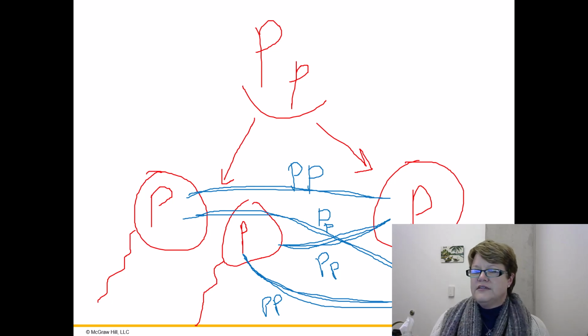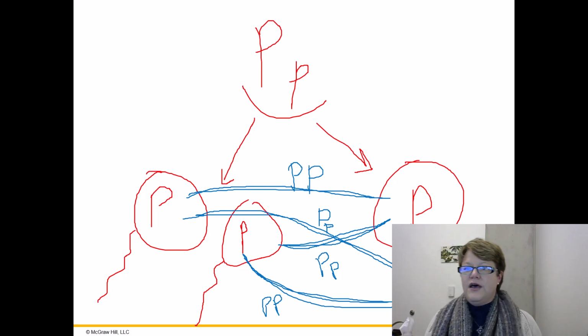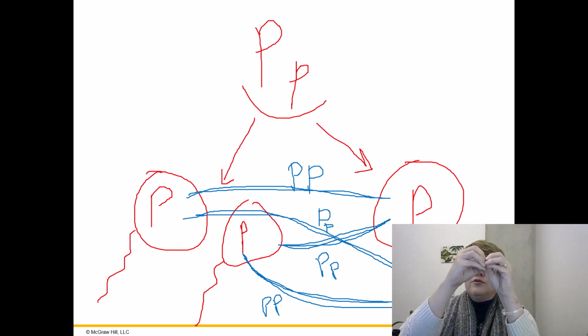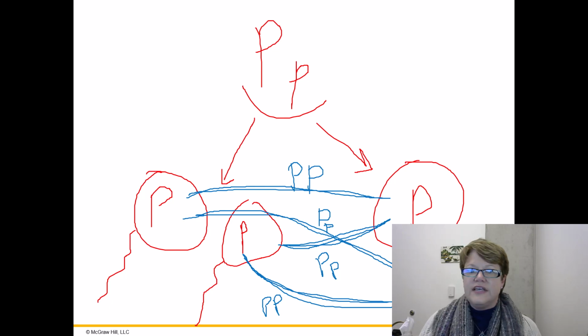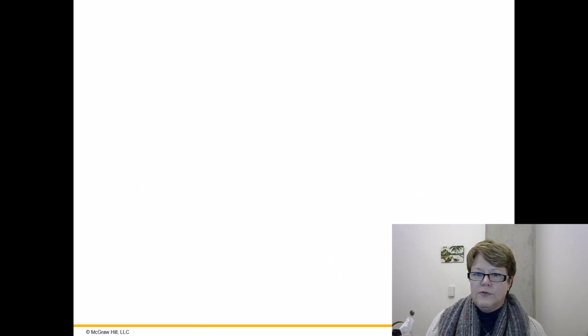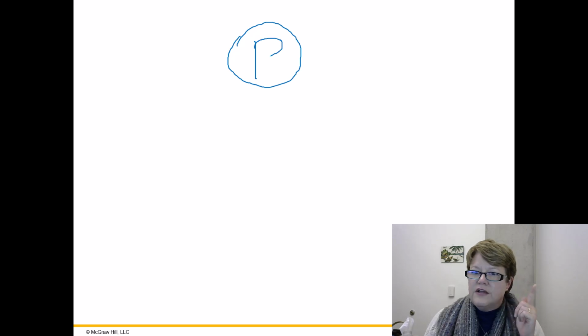Just to kind of organize it, you put all the egg possibilities down the side, all the sperm possibilities up top. And then when you bring them together in one square of the grid, you're recreating a possible fertilization. So what we end up doing is, I'm going to rewrite this with a Punnett square. What we end up doing is we say, okay, and I usually still draw the circle so I can remember that this is biological.